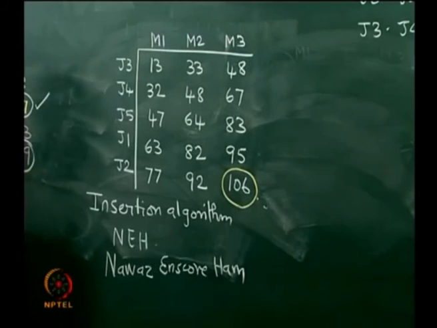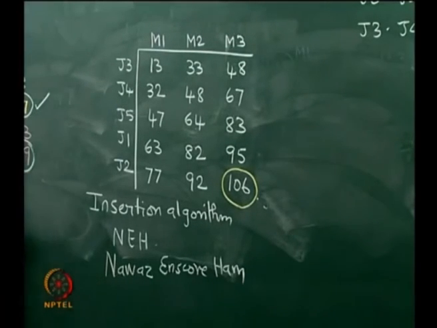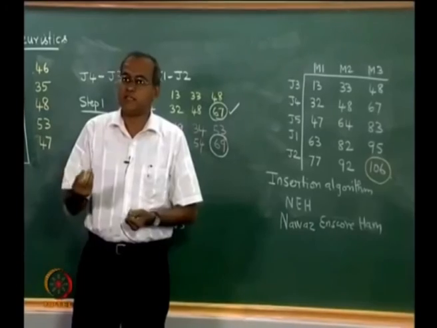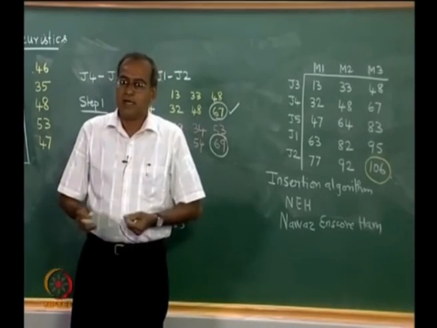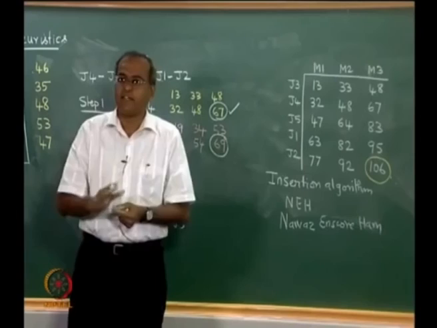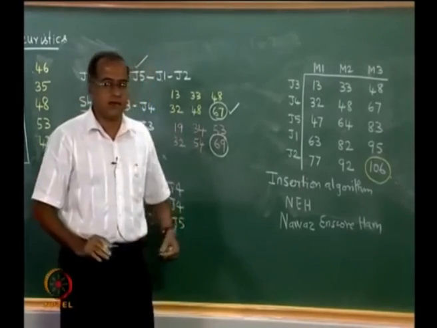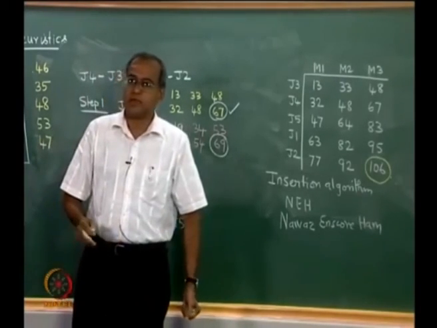Now this insertion algorithm is found to work very well for make span minimization in a flow shop, and it has been shown to give on an average slightly better results than the Campbell Dudek and Smith algorithm.